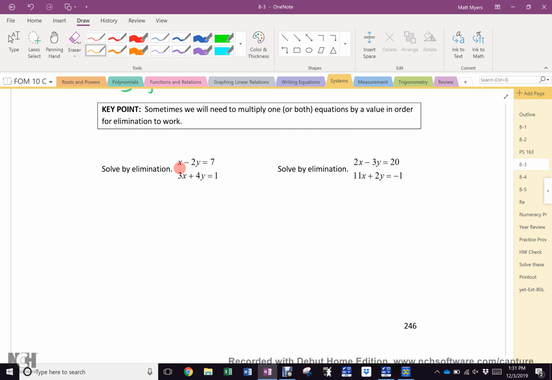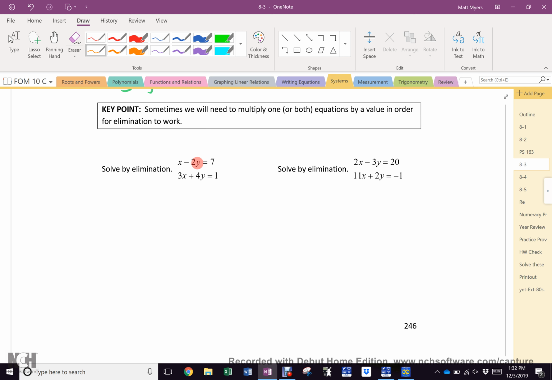Looking at this system, will any of these variables disappear if I just add or subtract them together? No, and the title of this method is elimination, right? Is anything being eliminated? No, so I have to change the way it looks. How do I change the way it looks?